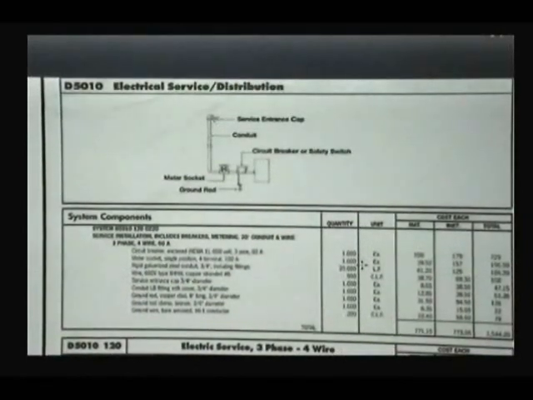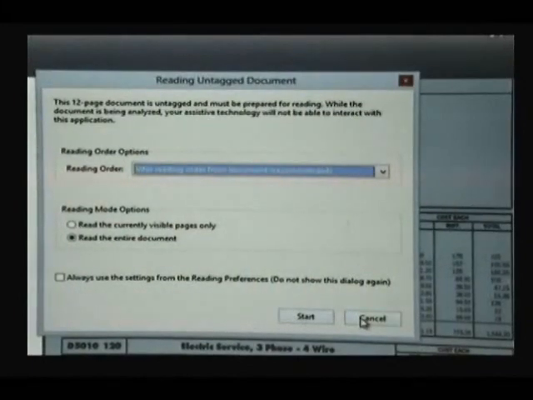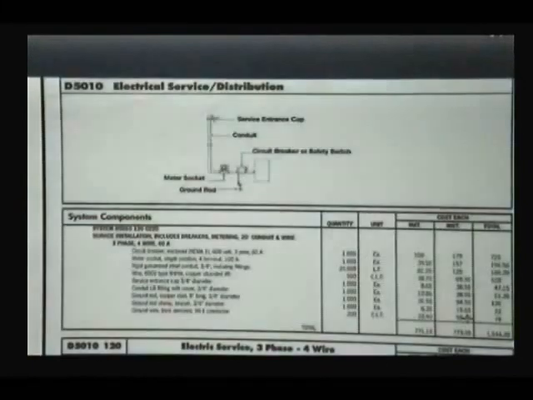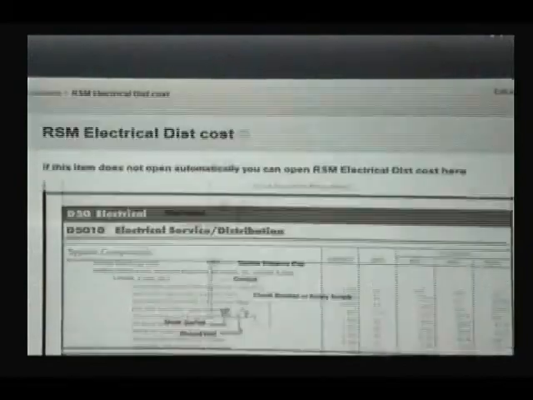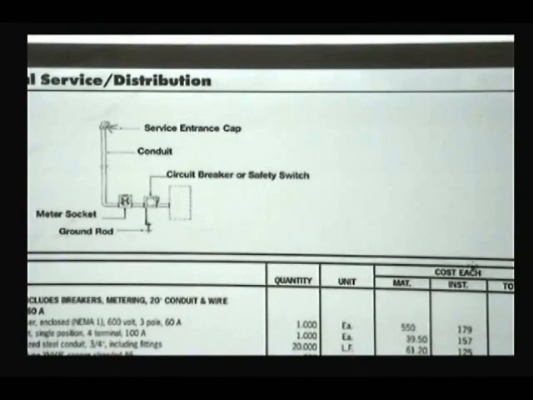So basically here we have service distribution. This is for high voltage. Okay.